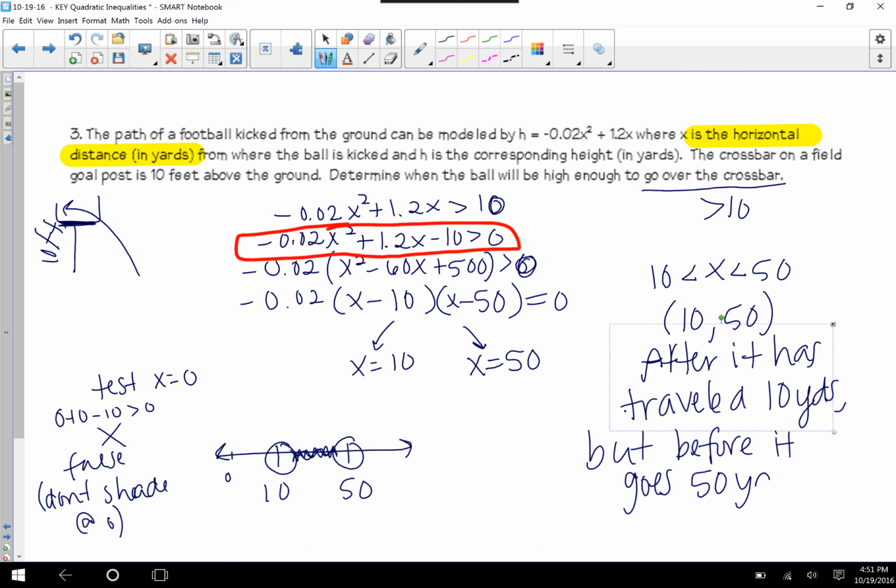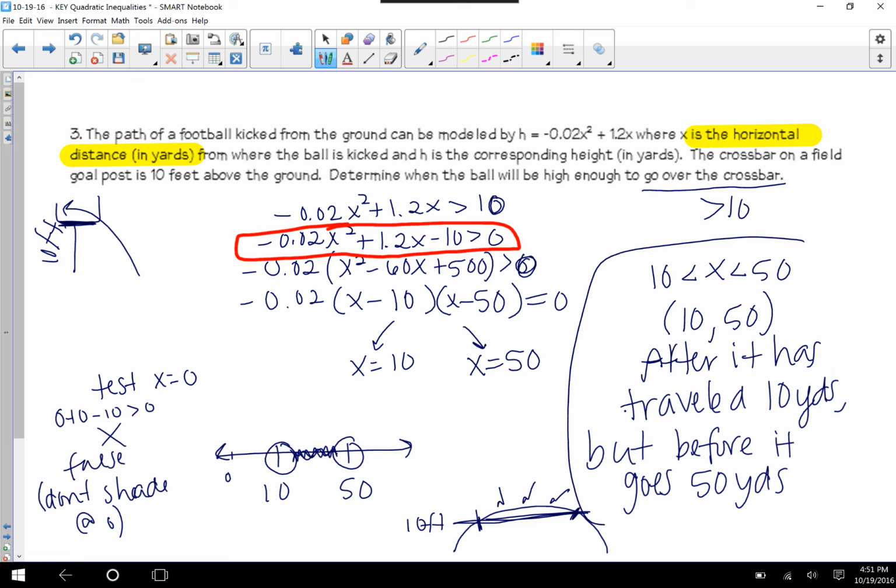Because you've got to think about this: this football is being kicked like this, and it's doing this. So there's a certain window where it's going to be above this 10-foot height. It's at this time here and this time here that this football is going to make it through those crossbars. So there's your solution there.